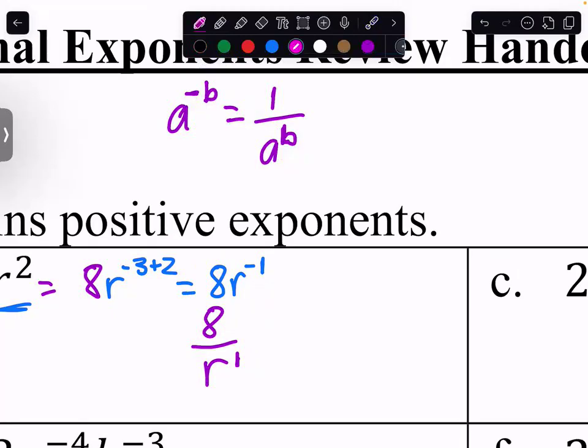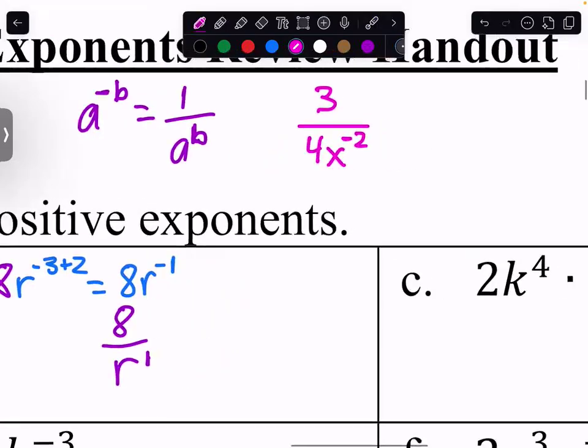But if the negative exponent were already in the denominator, so let's pretend we had 3 over 4x to the power of -2. The 3 will stay where it is, the 4 will stay where it is, but the x will move to the other part of the fraction and the exponent will become positive.